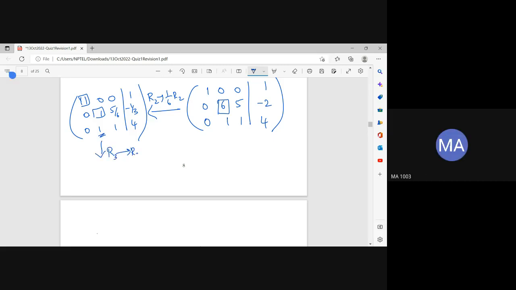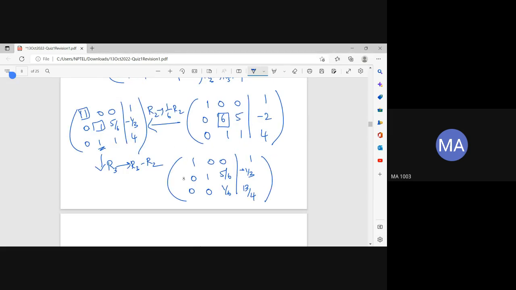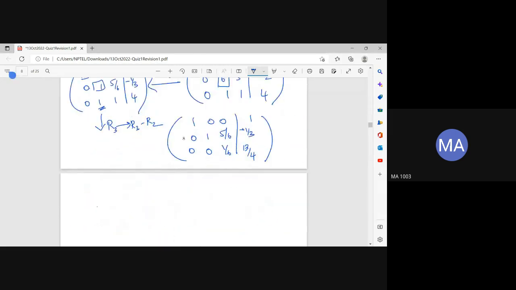R3 is R3 minus R2. So that's going to give me 1, 0, 0, 1, 0, 1, 5 by 6, minus 1 by 3, 0, 0, 1 minus 5 by 6, which is 1 by 6, and 4 plus 1 by 3, which is 12 plus 1, 13 by 3. Okay, we have definitely done something wrong because the answer is not 26.